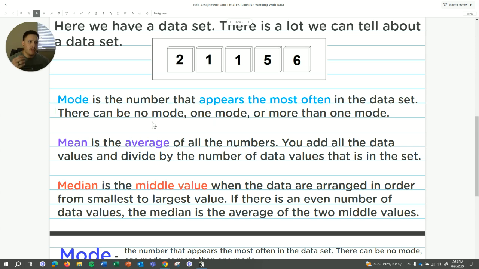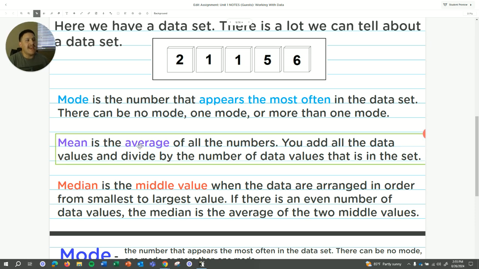There can be one of three: either you have no mode, meaning there's no number that appears the most often, one mode, meaning there is one number at least that appears the most often, or more than one mode, meaning 1, 2, 3, 4 different numbers or more, depending on your data set.